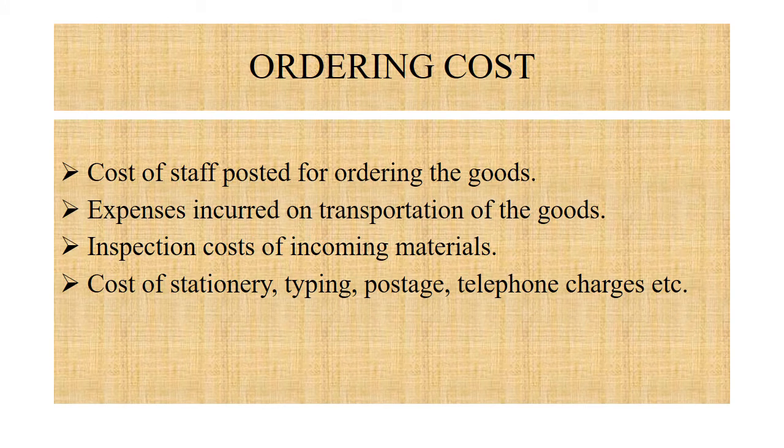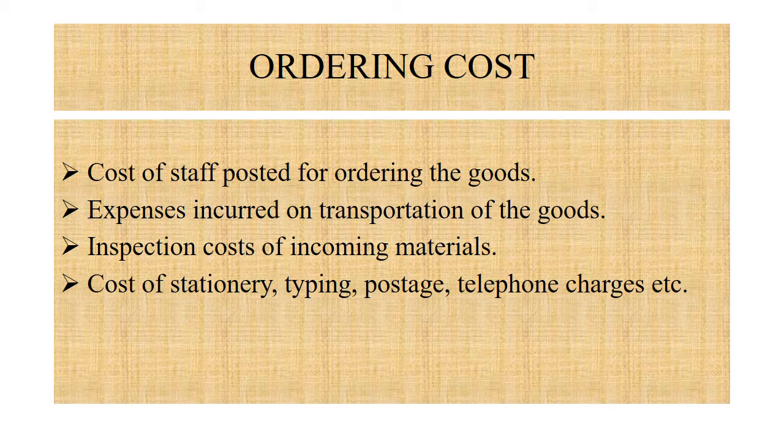The concept deals with two costs, that is, the cost of managing inventory can be summed up in two parts: ordering cost or the buying cost, and carrying cost or the holding cost. Ordering cost is the cost for ordering the materials.